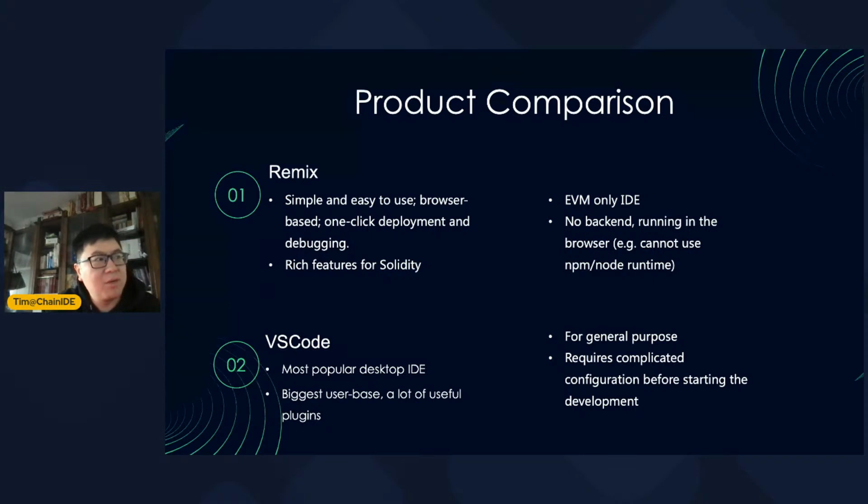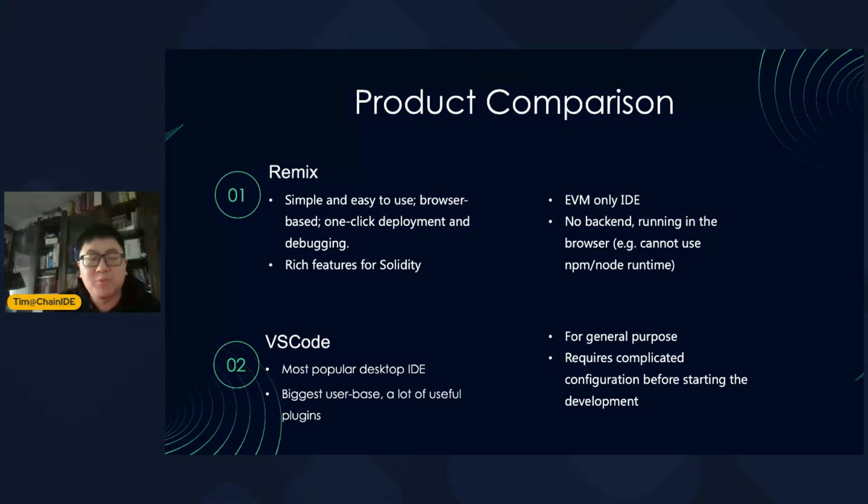And the other platform, which is more hardcore, is VS Code, right? Of course, it's the most popular desktop IDE in the free IDE domain, right? In the paid IDE domain there are a lot of competitors, and it has the biggest user base and a lot of useful plugins.